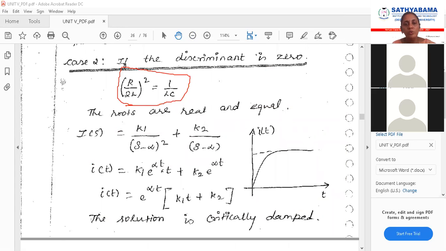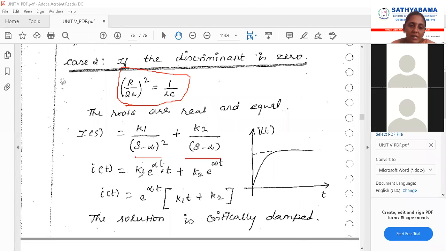Now there will be a square in the root. So we write I of S is equal to K1 by S minus alpha the whole square plus K2 by S minus alpha. So two roots only. You will not have any roots based on beta because the beta term is 0.